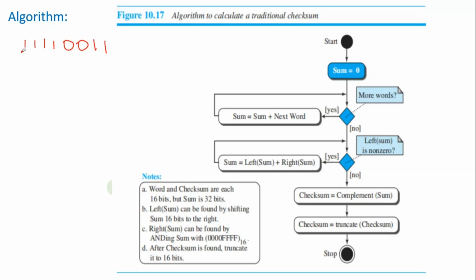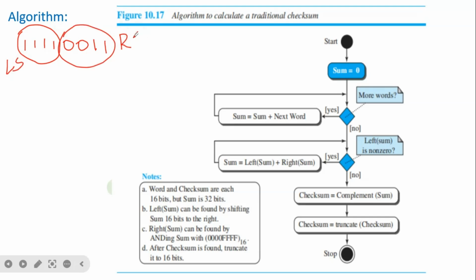So if this is 8-bit, I should make it 4-bit. I have to pull this, this is my left sum and this is my right sum. So I have to add these two, correct? To add these two separately, I have to extract this, and separately extract this.